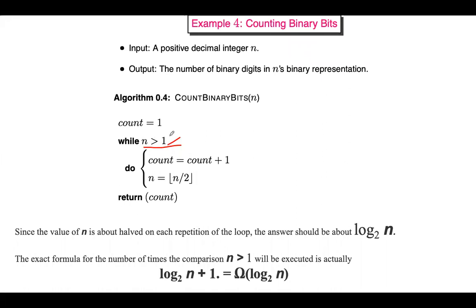So this comparison will be made more number of times in this program than any other instruction. So here we are going to make n greater than 1 the basic operation. Once you decide what the basic operation is, the next task is to find out how many times that instruction will be executed in this program.